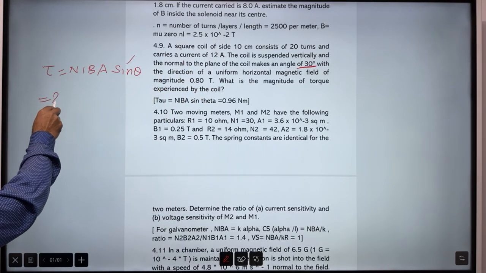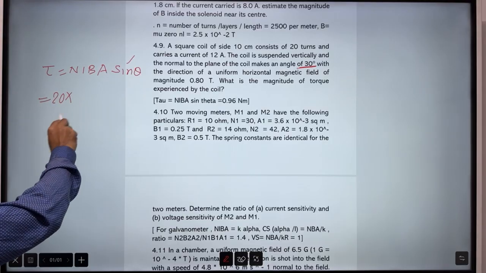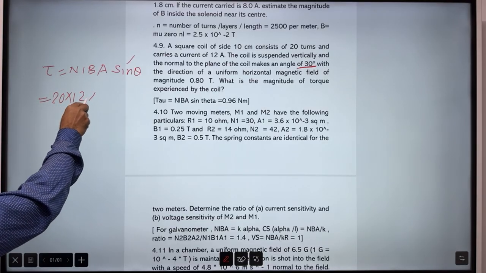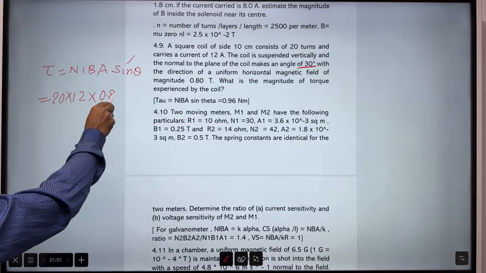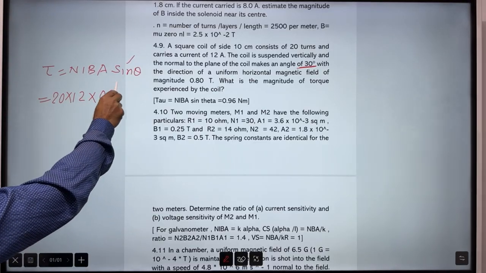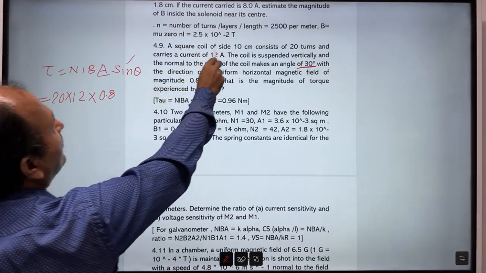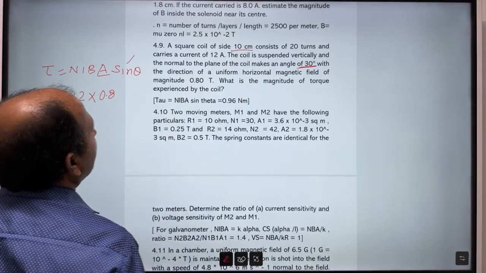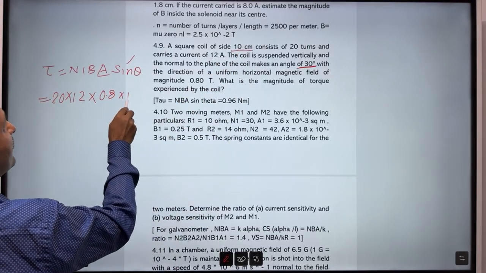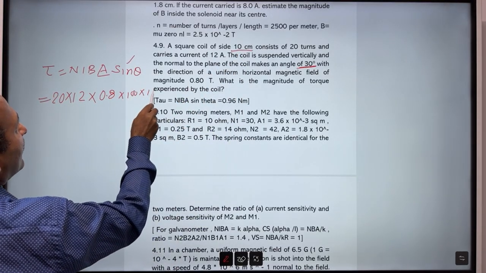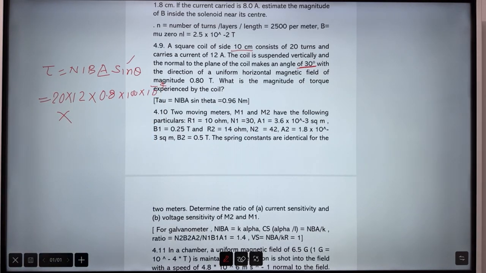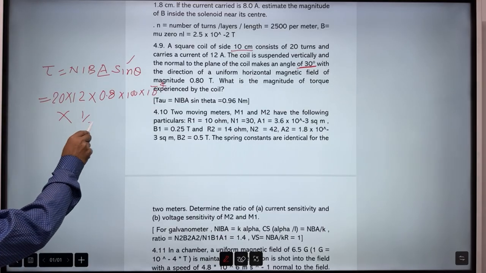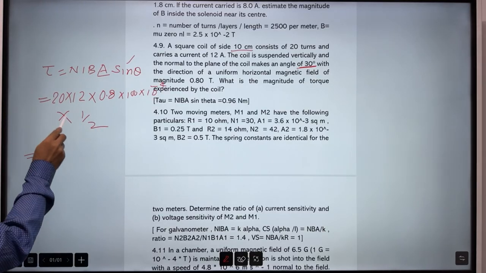Number of turns is 20, current is 12 ampere, magnetic field is given as 0.8 Tesla, and then area. This is square, side is 10 centimeter, it means 100 into 10 to the power minus 4, multiplied by sine 30 degree, that is 1 by 2. So we can simplify it further.